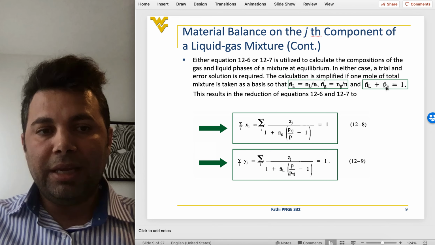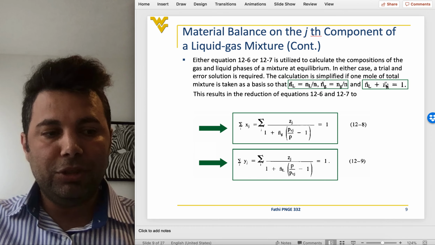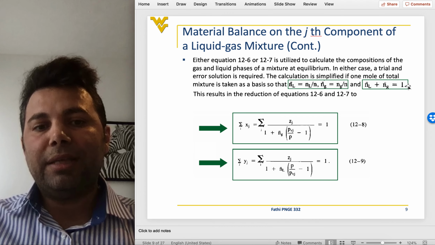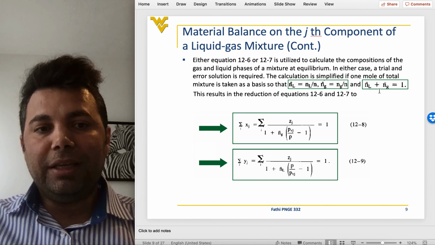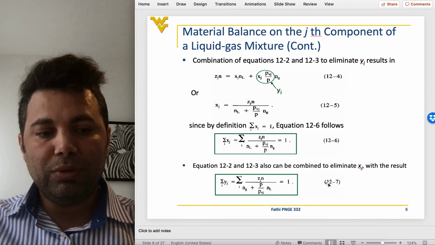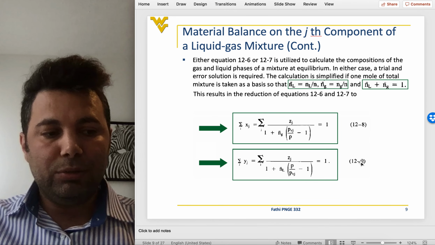Originally, NL plus Ng was equal to N, so I divided that by N. So NL bar plus Ng bar becomes equal to 1, and therefore NL bar becomes 1 minus Ng bar. So I can use this and rearrange equations 12.6 and 12.7 into 12.8 and 12.9.